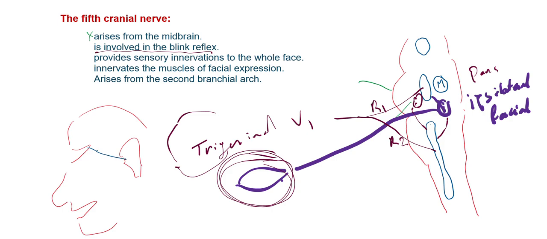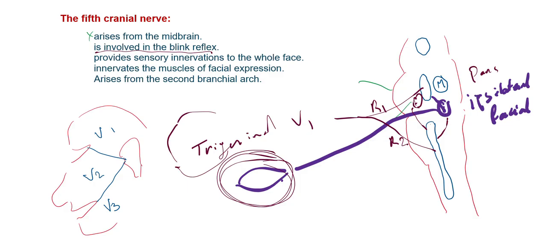A line from the tragus to the lateral canthus, and a line from the tragus to the angle of the mouth. This is supplied by the ophthalmic, supplied by the maxillary, and supplied by the mandibular, V3.